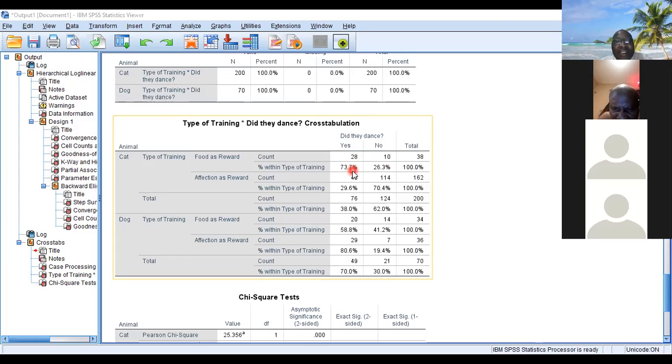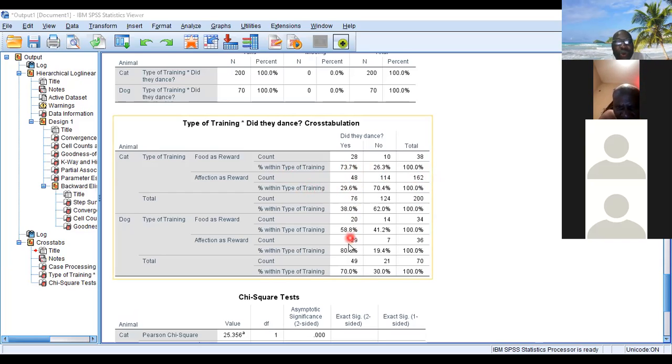The proportion that dance among the group that received food as reward: the total that received food as reward is 38, while 28 dance and 10 did not dance. So that is 73.7. Then the total that received affection as reward is 162, and 48 dance, which is 29.6. It shows that the cats are more likely to dance when they are given food as reward, more than affection.